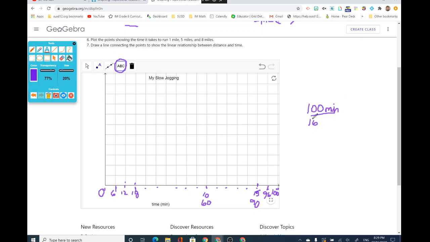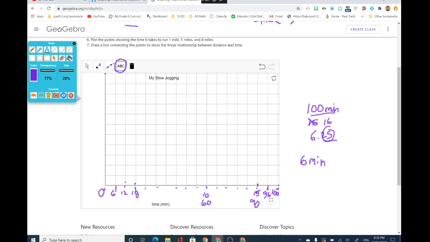Well, I first divided 100 by 16, and 100 divided by 16 gave me 6.25. But I didn't want to deal with this little 6.25. So I just checked and I thought, okay, let's make each grid line worth 6 minutes, not 6.25. And then we'll actually fit a little more on.